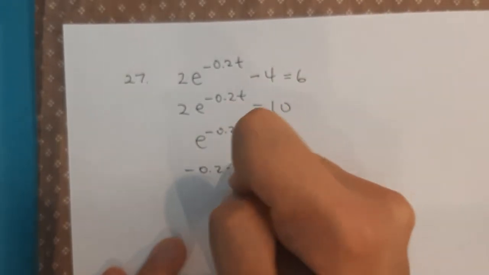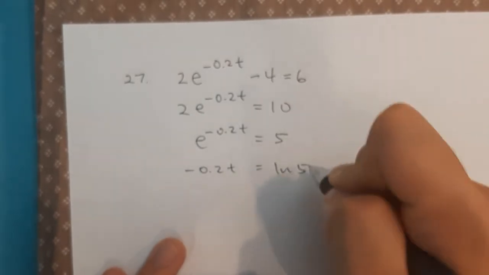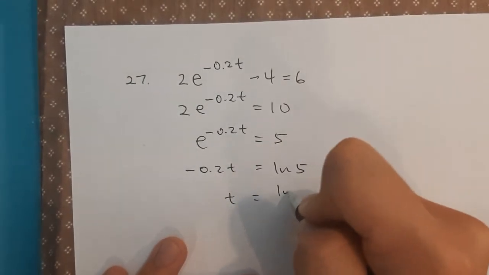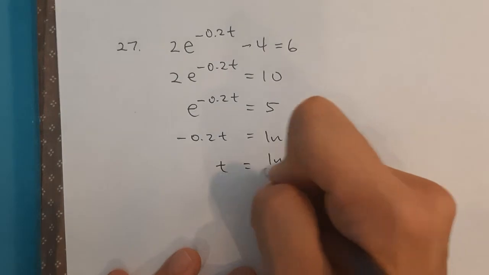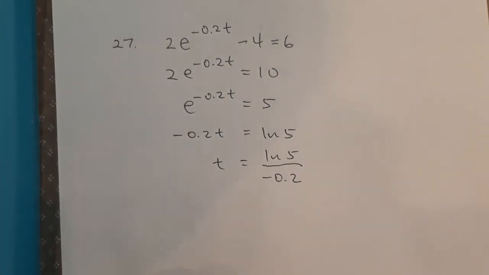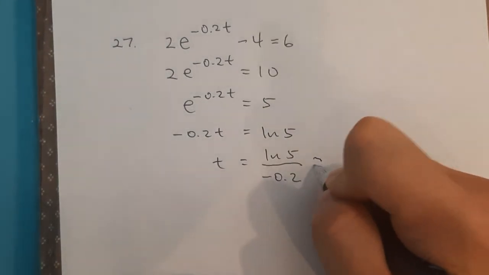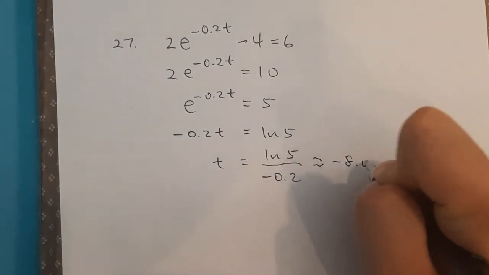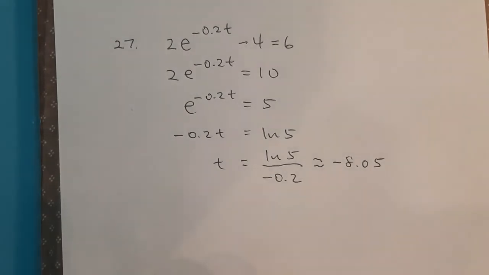Negative 0.2t equals ln of 5. So t equals ln of 5 divided by negative 0.2. If you use the calculator, you'll end up with approximately negative 8.05.